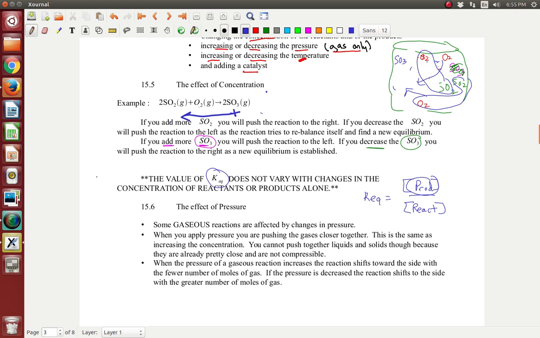So even though I'm dumping in some SO3s, that means I'm making this number bigger. What does the equilibrium shift do? It makes this side bigger. So this bottom also goes up. So because I'm changing the concentration, it still doesn't mess with the equilibrium constant because both the numerator and the denominator increase. So the fraction becomes exactly the same as it was before.